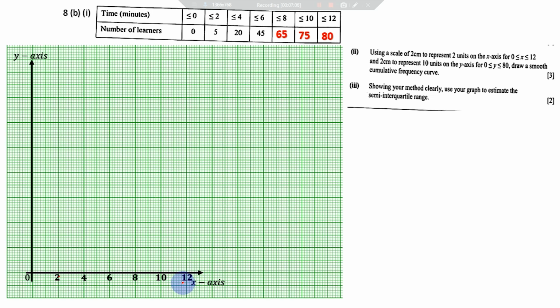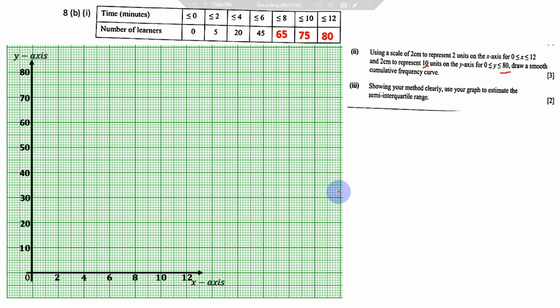We are moving in 2s. So after every 2 centimeter step, we add a 2. Then in the y-axis, we are supposed to use 10 units in a 2 centimeter box. So in that bigger box we're going to be using 10, and the range is telling us that we should go up to 80. So 10, 20, 30, 40, we're going up to 80.